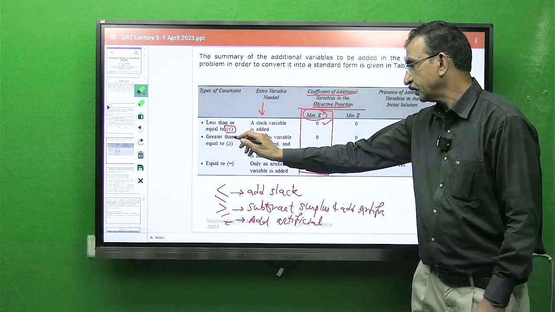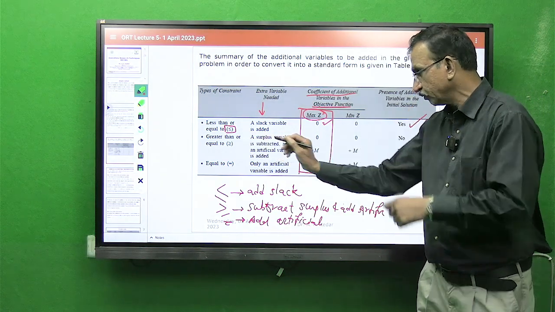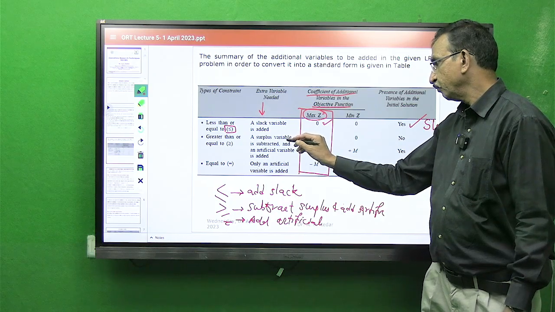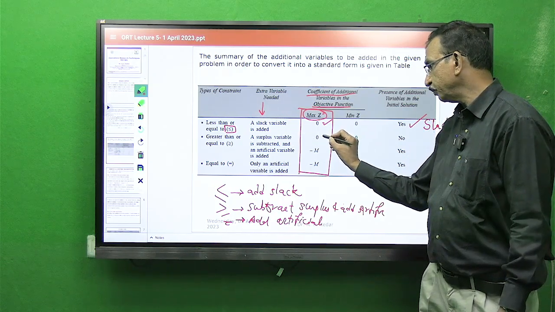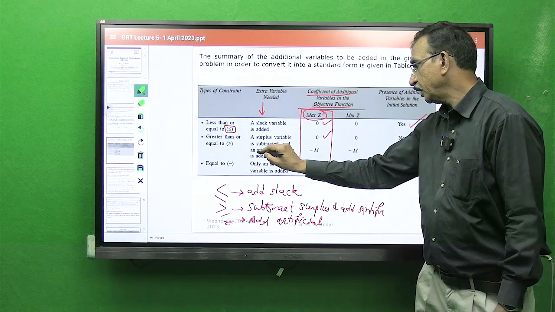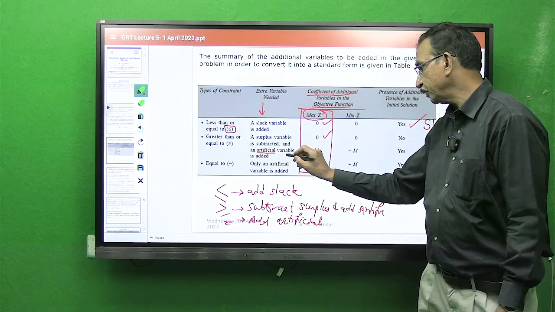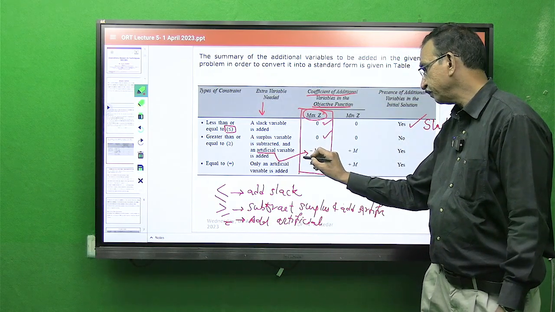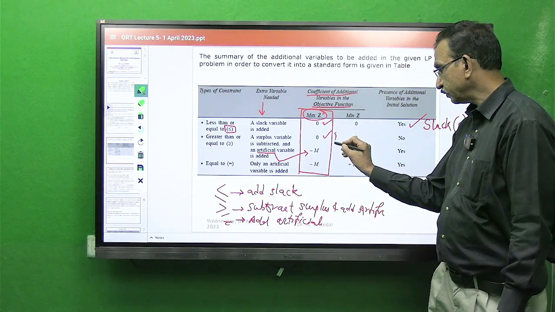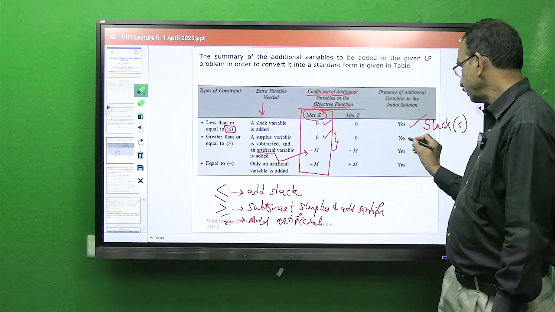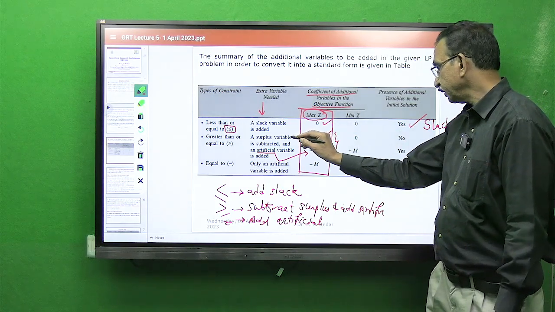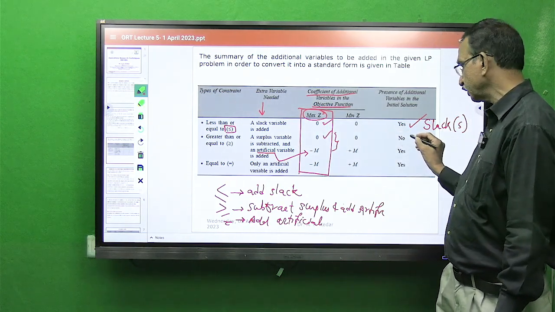Second case, greater than or equal to: now the coefficient for surplus will be 0 and for artificial it will be minus M. But what is given? Will the surplus variable represent the solution?